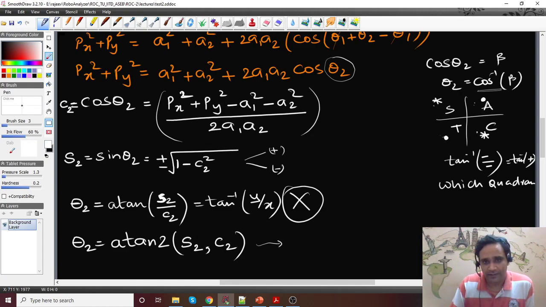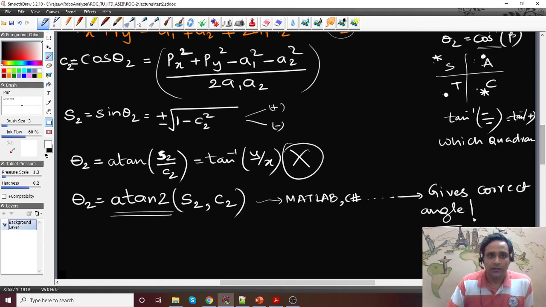This is available in MATLAB, C#, Fortran, and other languages. It gives the correct angle, so we'll definitely use atan2 to get theta 2.